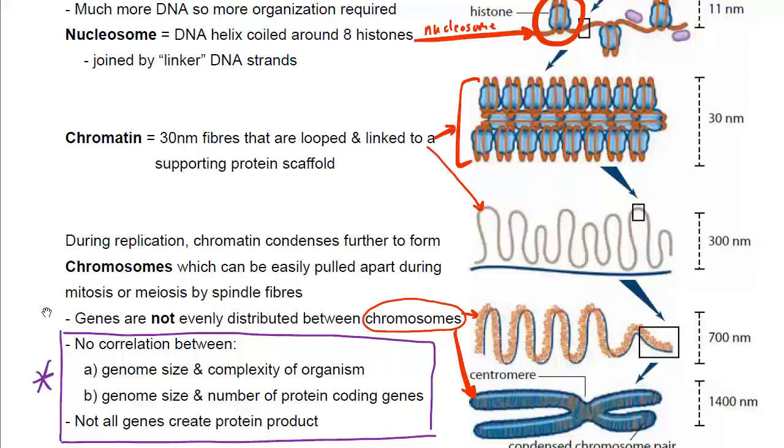Now, originally, they thought that the more complex you were, the bigger your genome had to be. So they thought that with humans being so smart and the pinnacle of all creation, how wonderful we are, that we must have the best, the biggest, baddest genome out there, until they started investigating plants.